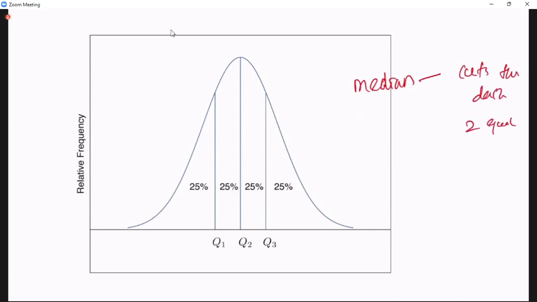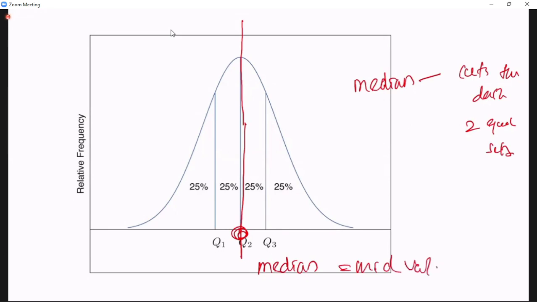Therefore, the median should lie here, because the median should cut the data set into two equal parts. That's why we call it the mid value. It splits the data in half.